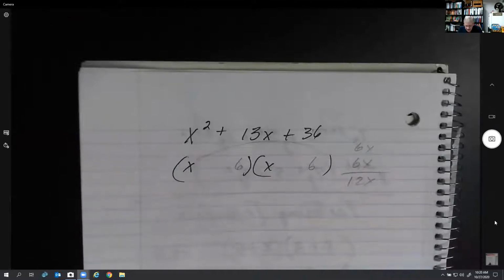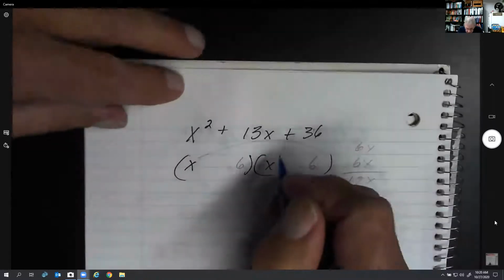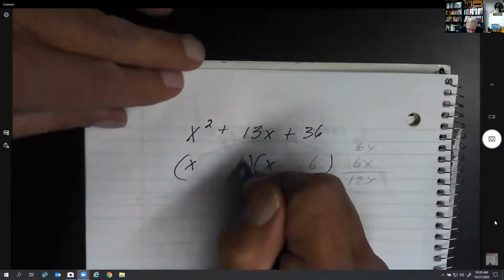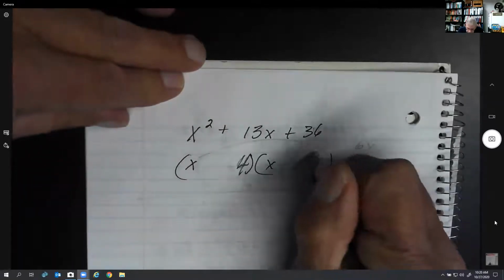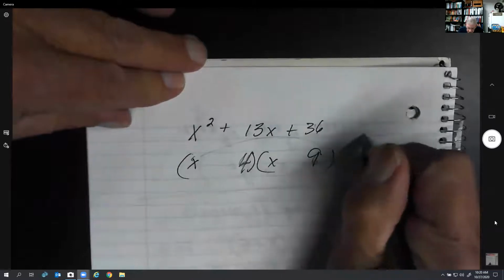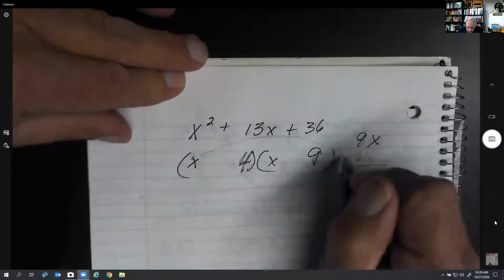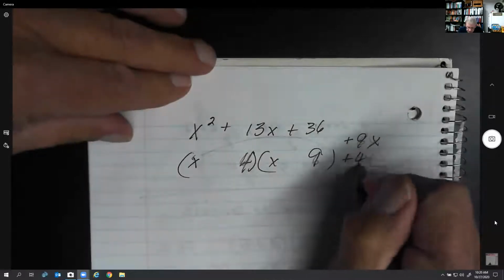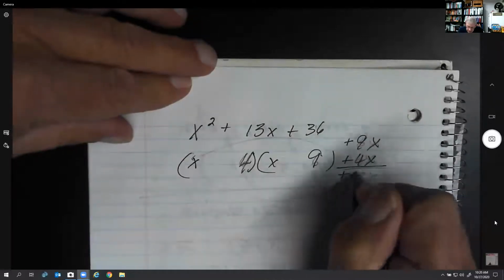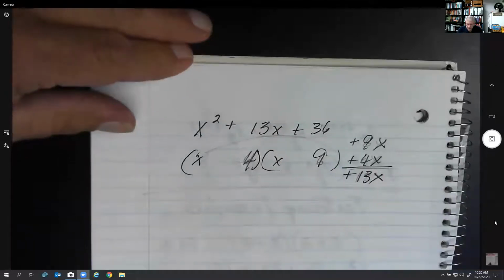So I have to think of another combination that will give me this. What's another combination that gives me 36? 4 and 9. So let's try 4 and 9. This would give me 9x plus, maybe plus 4x, and that would give me a positive 13x.